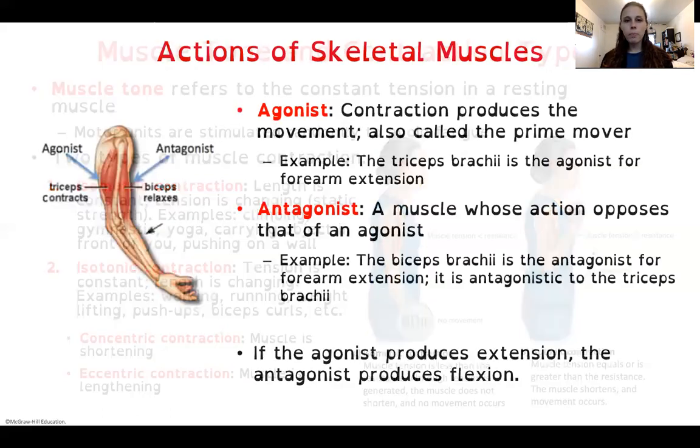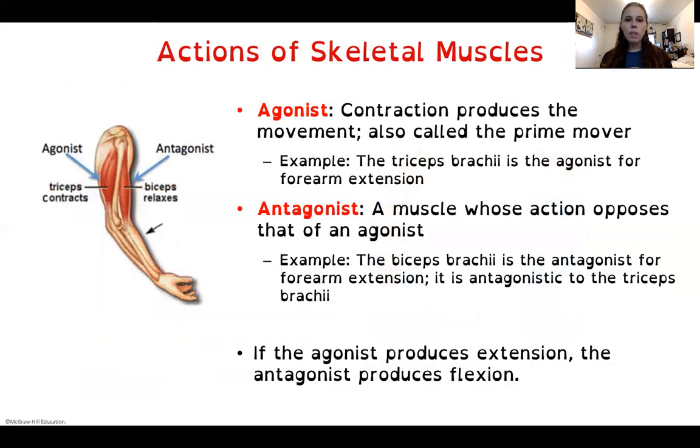Now, in terms of actions of skeletal muscles, we have agonist and antagonist. Agonist is when the contraction produces the movement. So this is called the prime mover. So for example, the triceps brachii is the agonist of forearm extension.